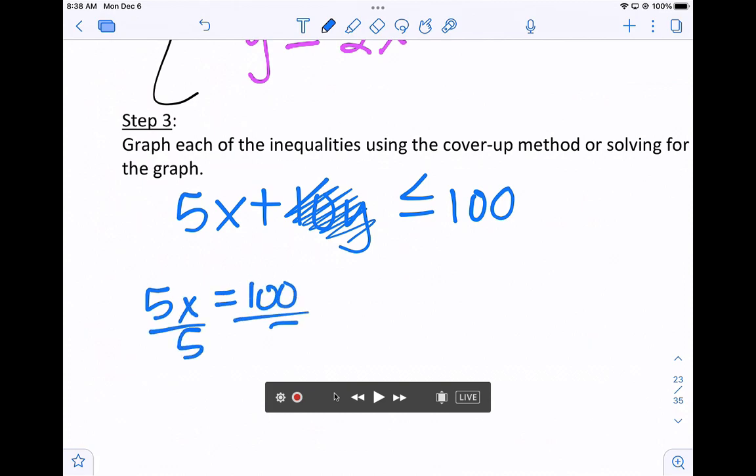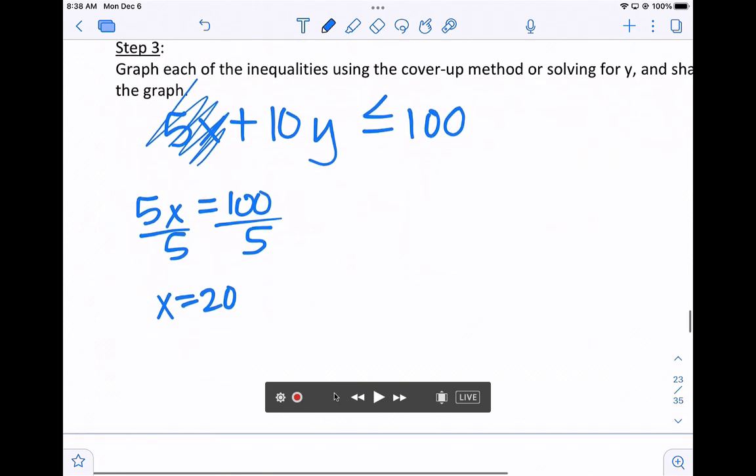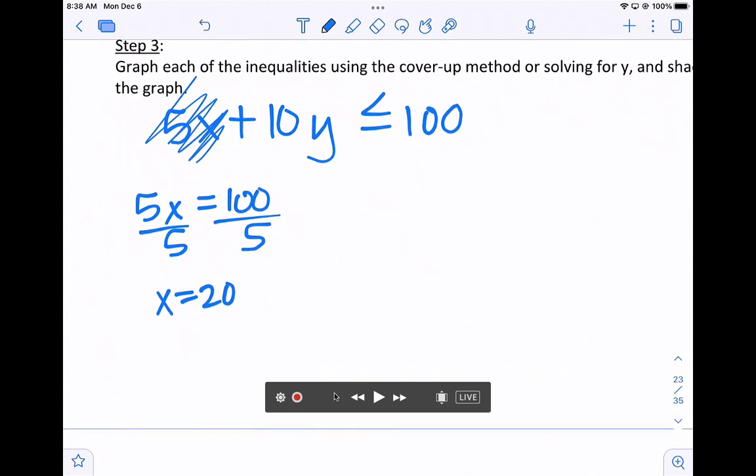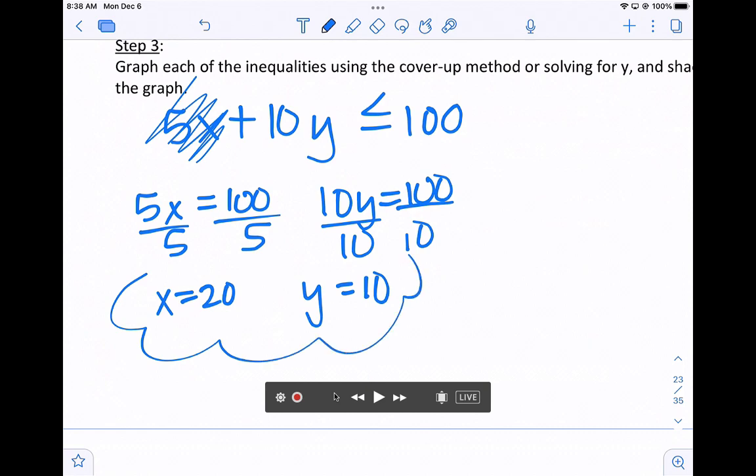Divide each side by 5, so x is 20. That's one point we're going to plot. Then let's cover up the 5x, and our other equation is 10y equals 100. Divide by 10, so y equals 10. So this is our first inequality.